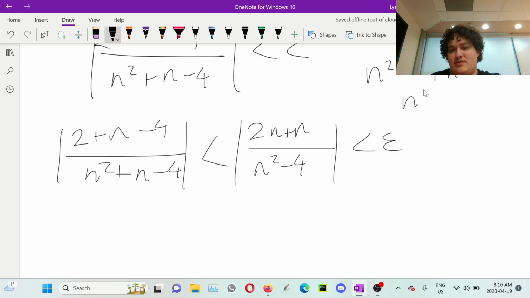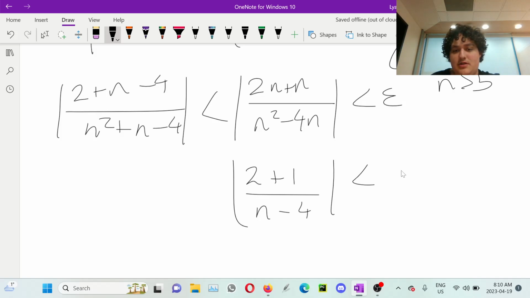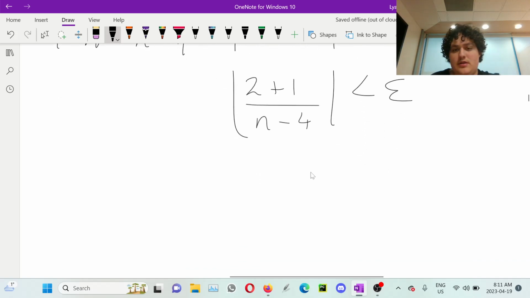And that means I need n times n minus 4 to be bigger than 0. So I'll just choose n to be bigger than 5, right? And then I can actually just put an n here. And then I'll just have 2 plus 1 over n minus 4 to be less than epsilon. So I can flip both sides.